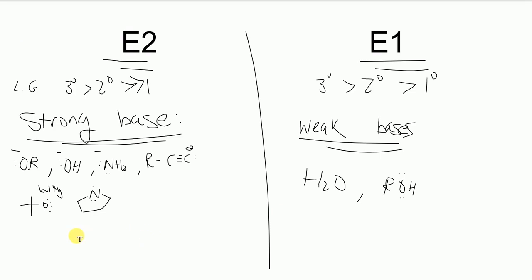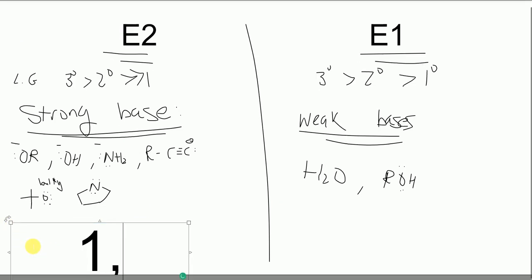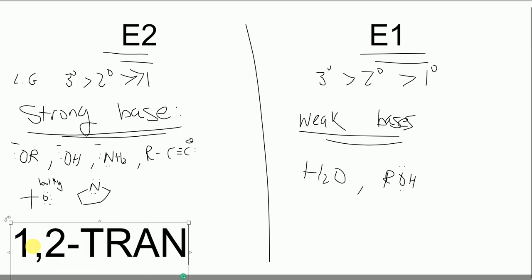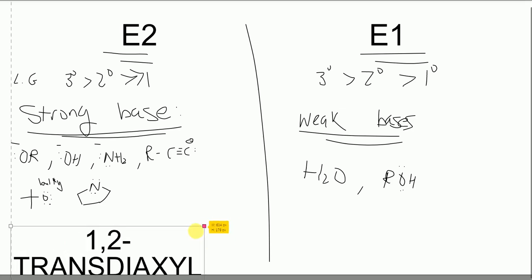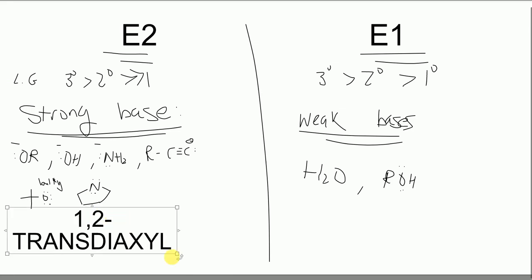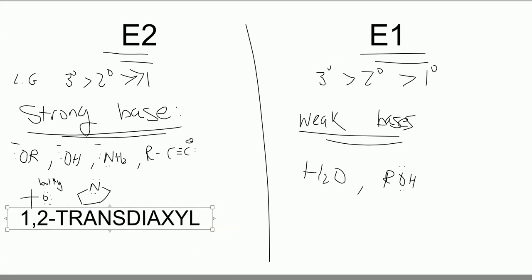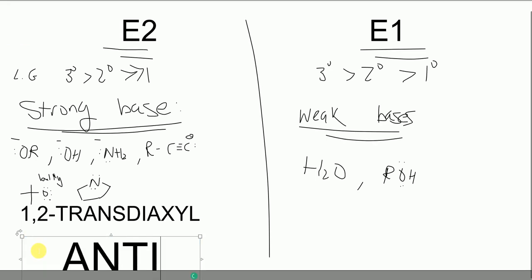And two rules that we have to look at for E2 is what we call 1,2 trans diaxial position, right? So it needs to be 1,2 trans diaxial, or it needs to be anti-coplanar.